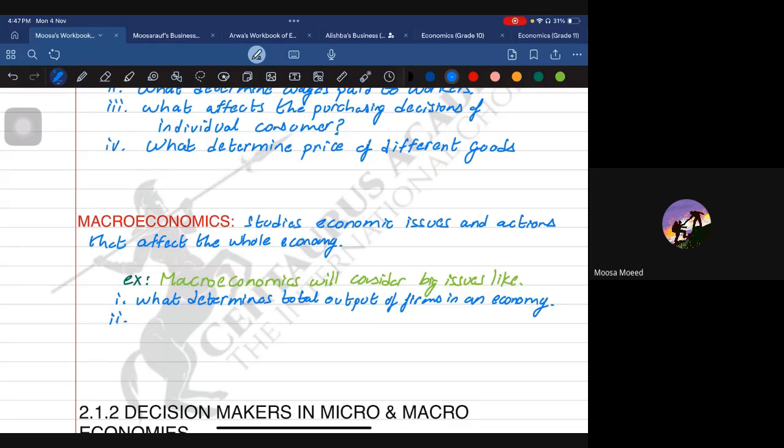Secondly, what is the total national income of the economy? This is a macro topic.